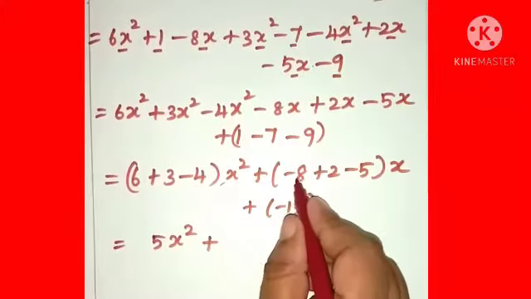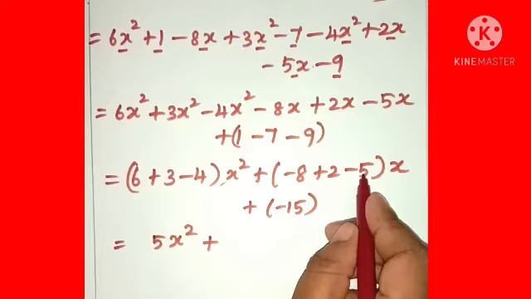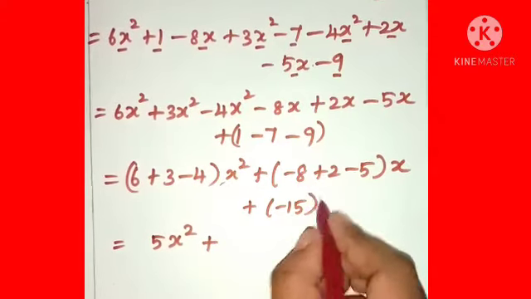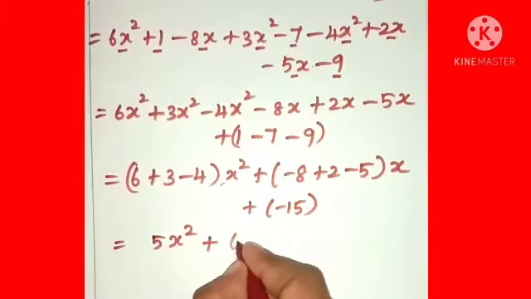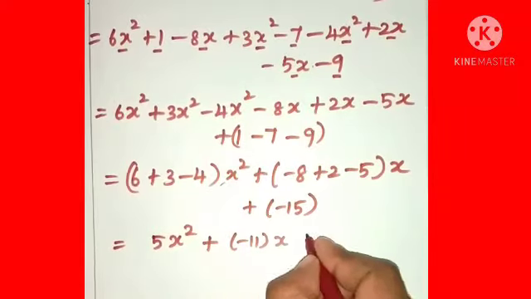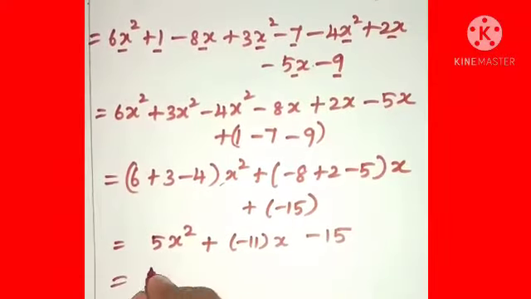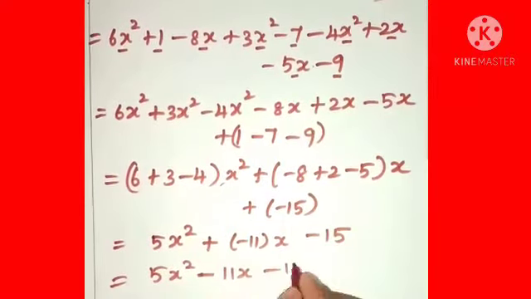Here minus 8 minus 5 is minus 13, minus 13 plus 2 is minus 11, and then minus 15. Now 5x squared minus 11x minus 15 is the required algebraic expression.